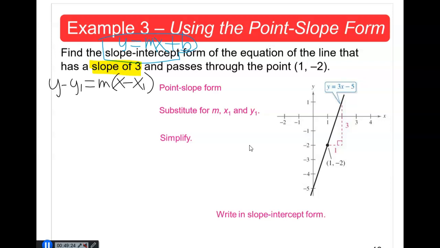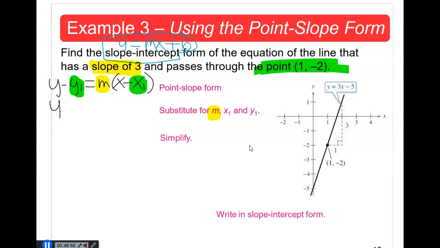The parentheses means that the m is multiplying both terms inside the parentheses, so we have to be very careful to substitute them correctly. So we have the slope. We're going to substitute the slope in there. And we're going to substitute the point as well, which is 1 comma negative 2. And make sure you substitute correctly the x and the y.